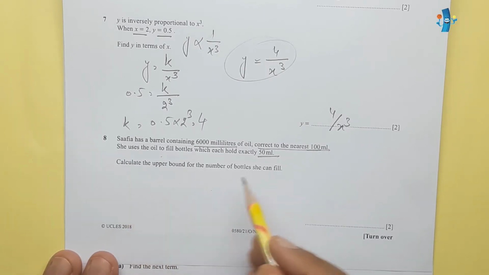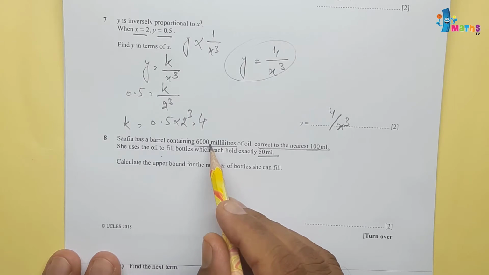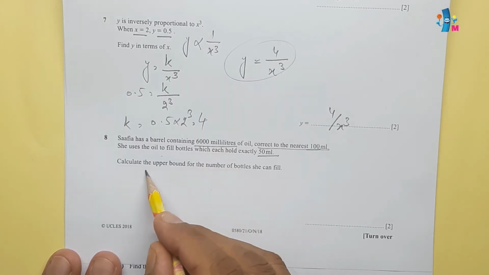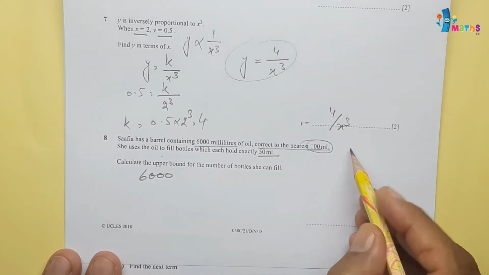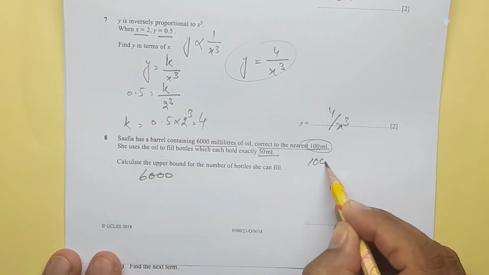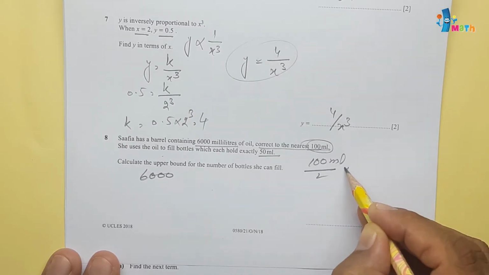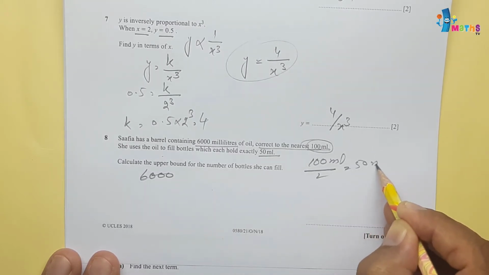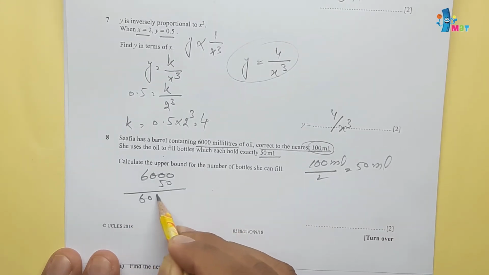So for the upper bound, the upper bound of volume will be 6000 plus half of 100 ml, which is 100 ml divided by 2. So we will add 50 ml in this one. So if we add, this will be 6050.